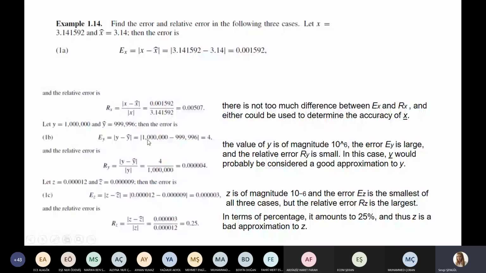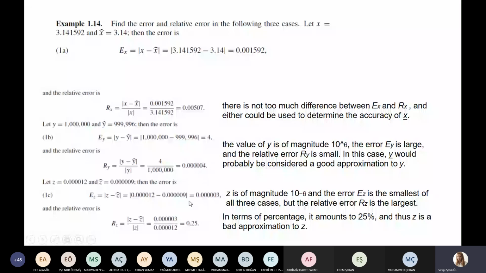You can think, okay, this is a big error, but if you compare it with the real one, that is, if you find the relative error, look at that, it is in the 6th decimal place. So 10 to the minus 6 is a very good approximation for your numerical method or for your assumption. So you can trust the relative error in that part.